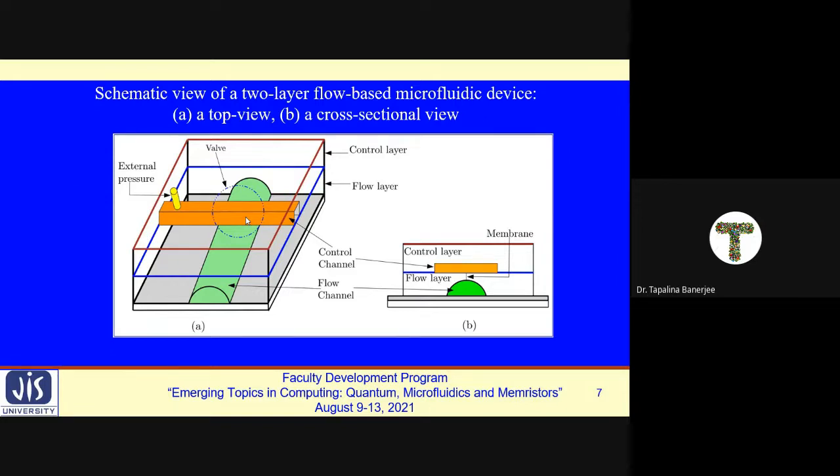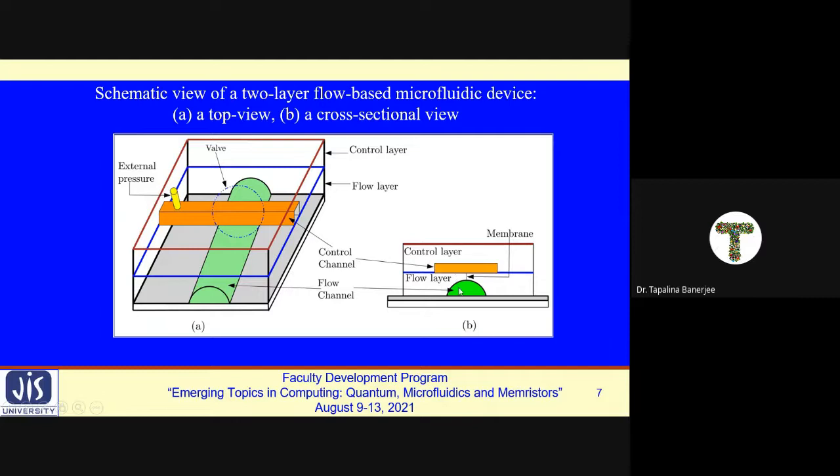A flexible microvalve, or you can say the membrane, which controls the movement of biochemical fluids between the channels of two layers, in the flow layer, is mainly constructed by what? At the overlapping area between these two. Now, fluidic flow is blocked. How?